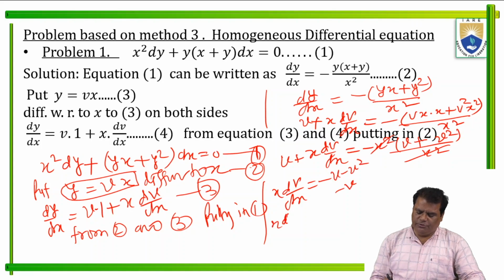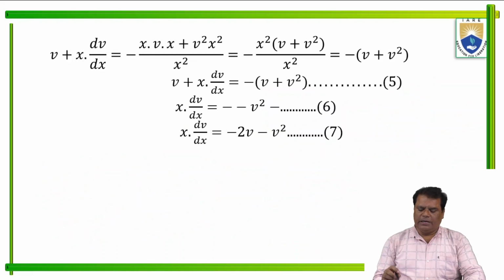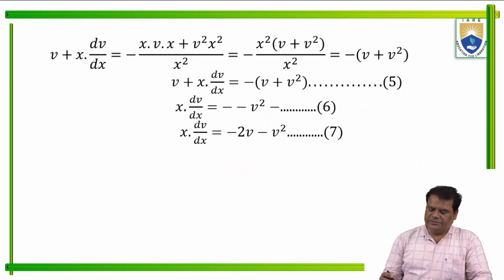So x dv over dx is equal to minus 2v minus v square. Now next, this one, minus v square. So here x dv over dx equals minus v square, minus 2v. Here is minus 2v. So now this integration.